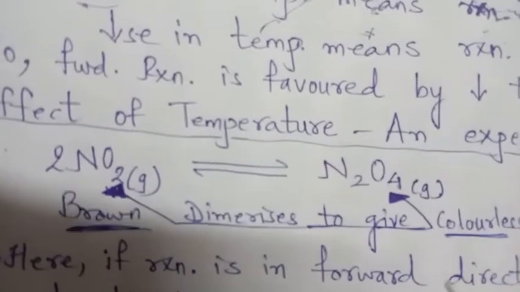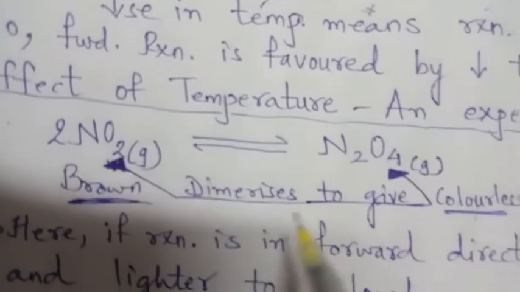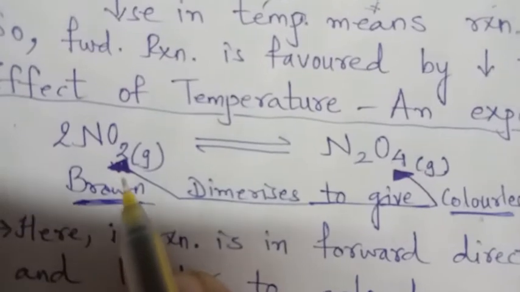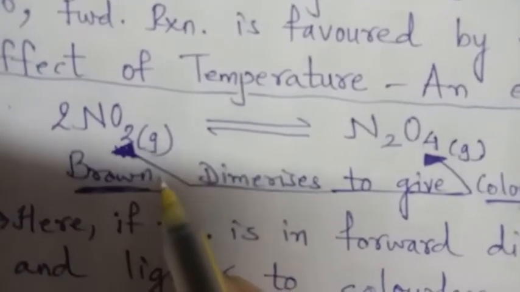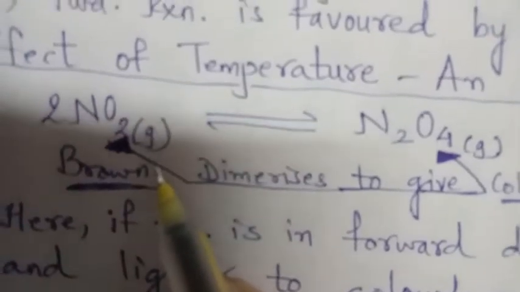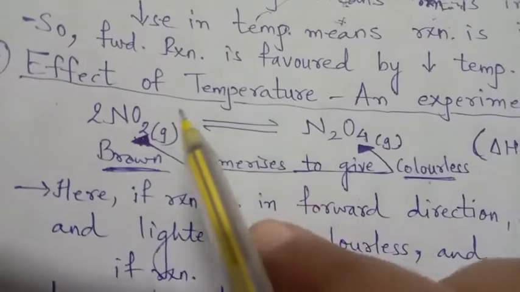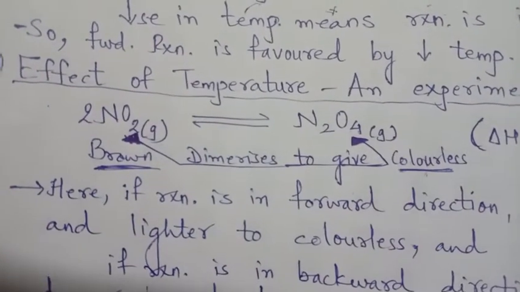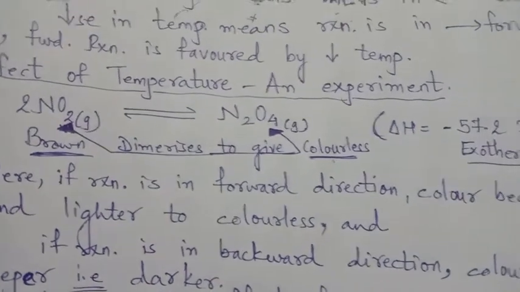Then the color of the colorless substance slowly, gradually increases towards brown. So NO2 gives N2O4 in dimerization. Change of brown to colorless is taking place.